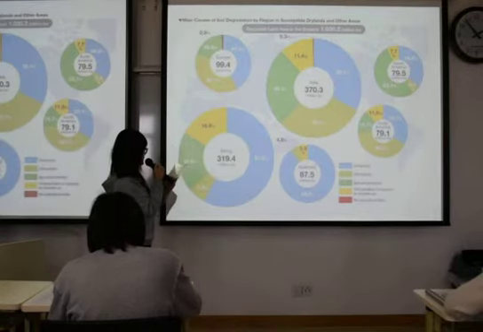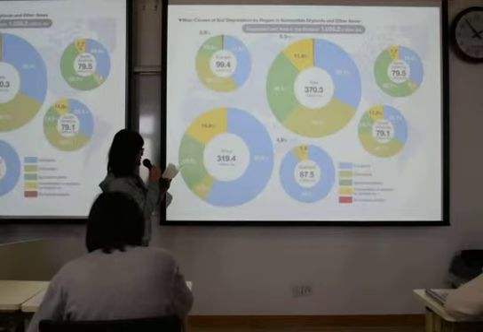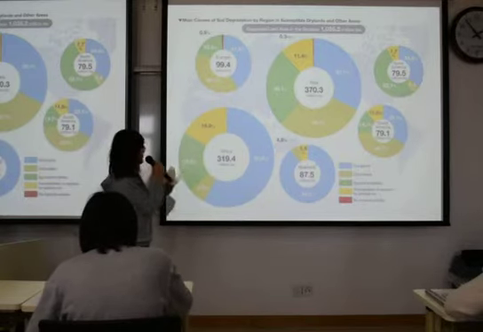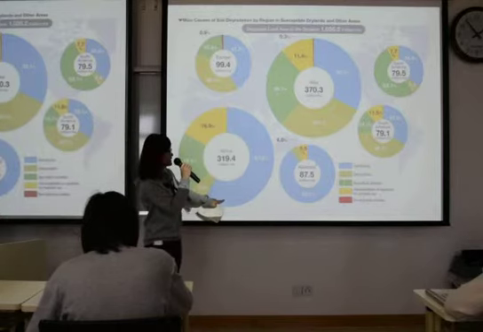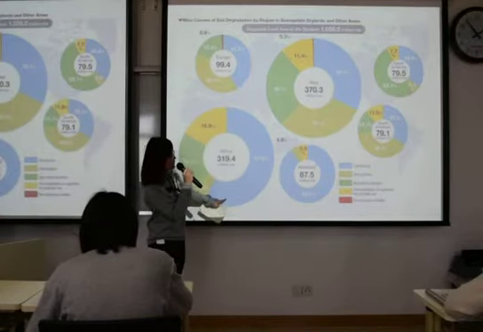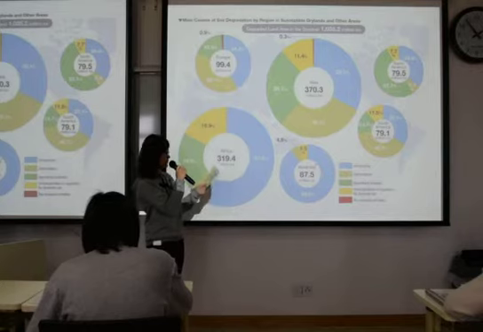Let us see the main cause of soil degradation by region in subtropical dryland and other areas. The blue color is the root cause. The cause is overgrazing.